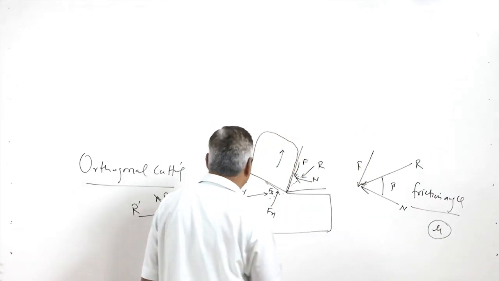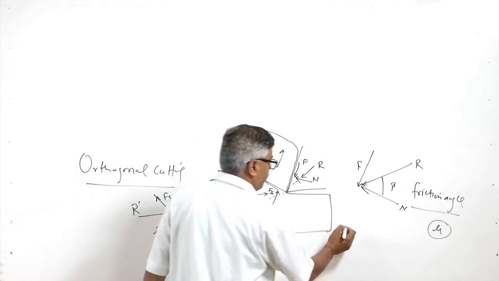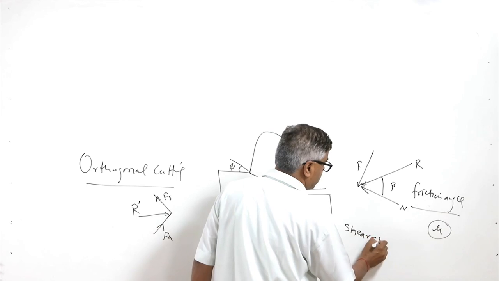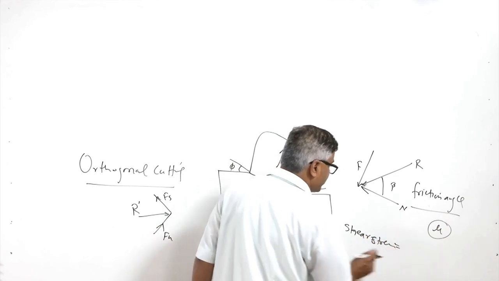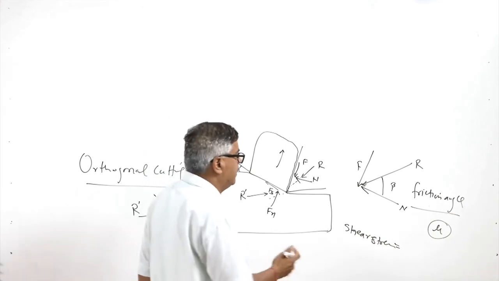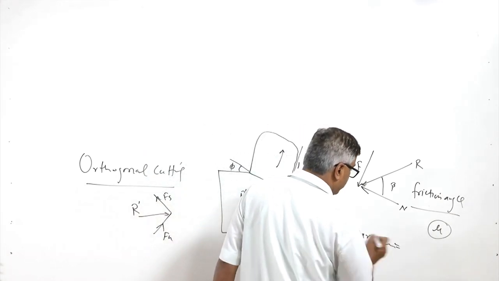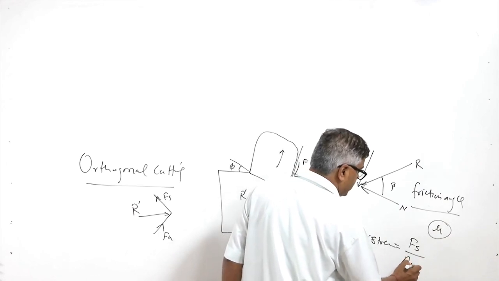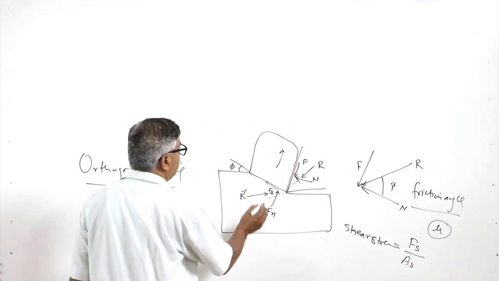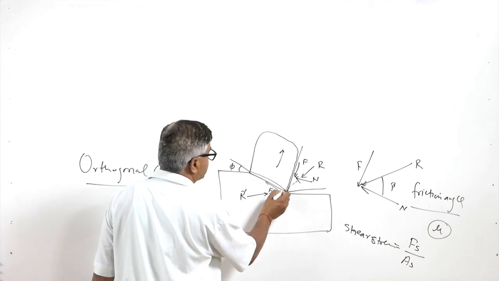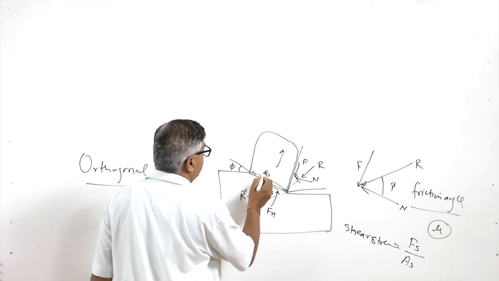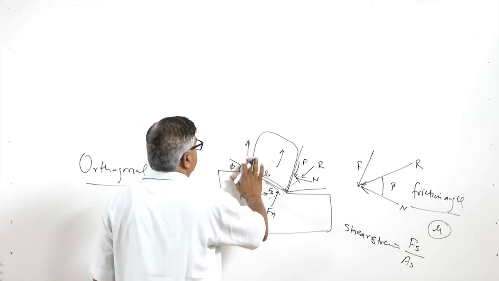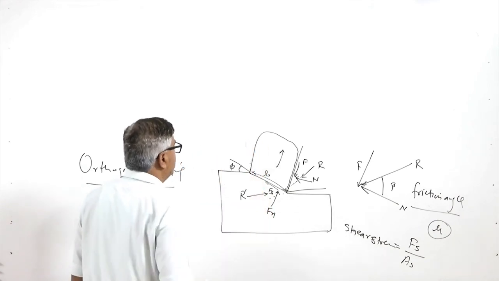Here, if we have to calculate the shear stress acting on the shear plane, facilitating the removal of the material by forming the chip, the shear force is to be divided by the shear area. The shear area will be calculated by the length, which is called Ls, the shear plane length, and the width W along which the cut is taking place.